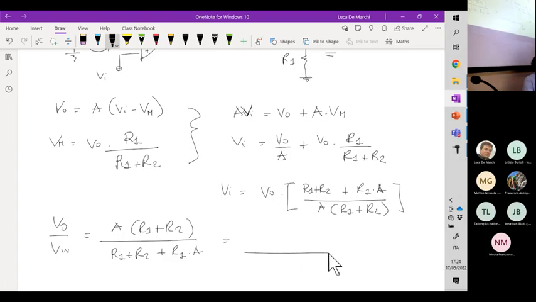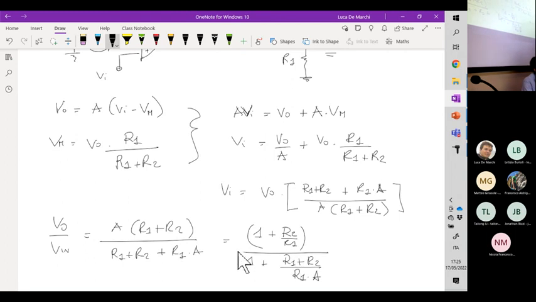With some algebraic operations, you can prove that this is equal to 1 plus R2 over R1, divided by 1 plus R1 plus R2 divided by R1 times A. This is achieved by dividing numerator and denominator by A, and then numerator and denominator by R1.